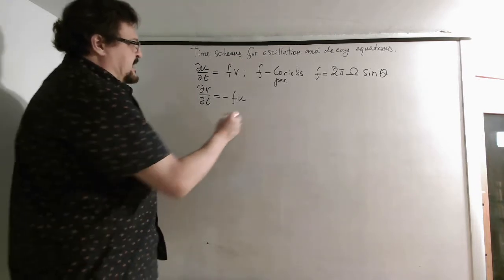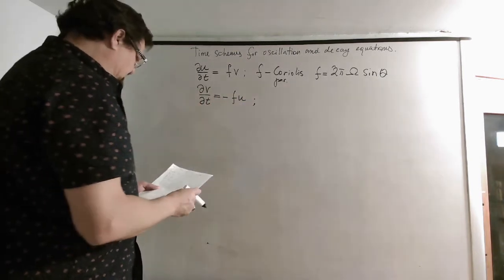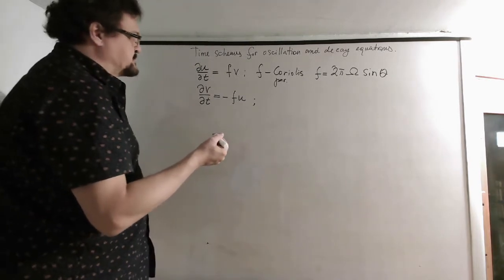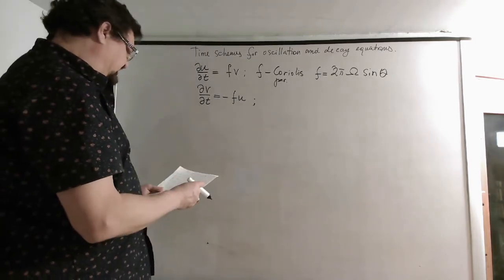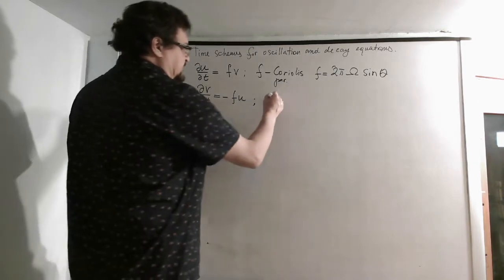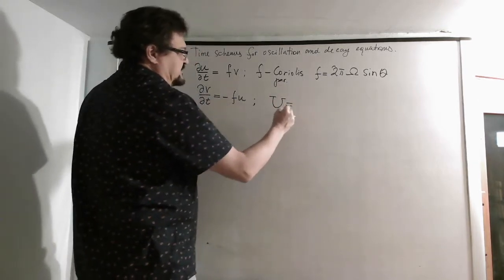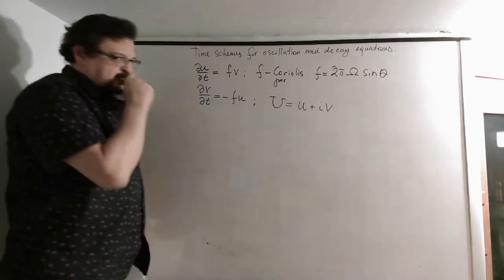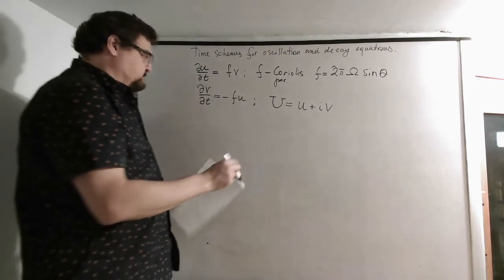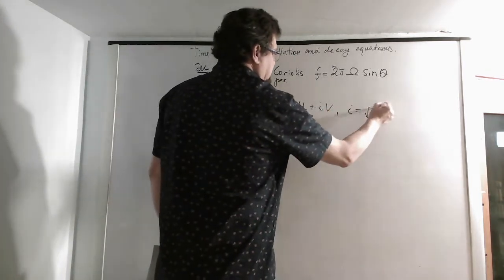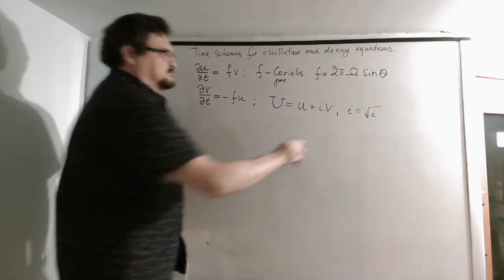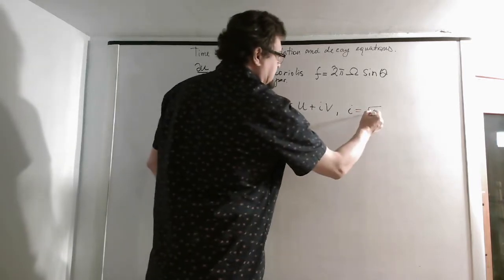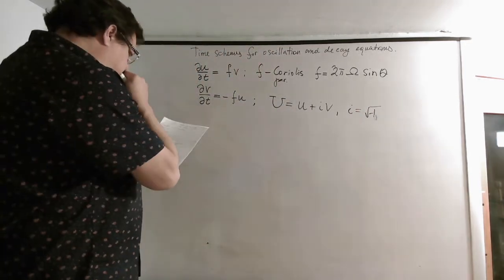To solve these equations analytically, usually what is done is we consider complex numbers, because that's the easiest way to solve this. So we consider some complex velocity equals u plus iv, where i is just the imaginary unit, the square root of minus 1.